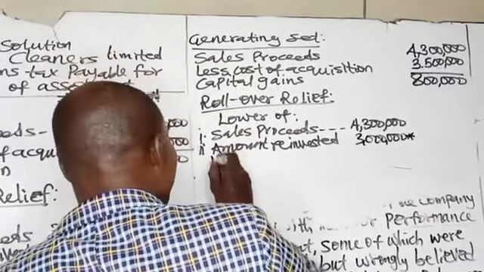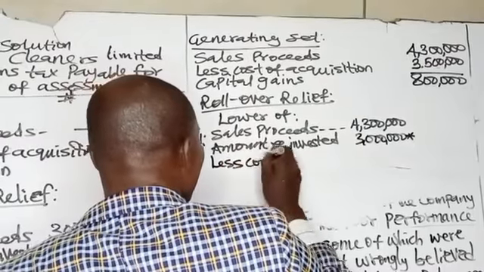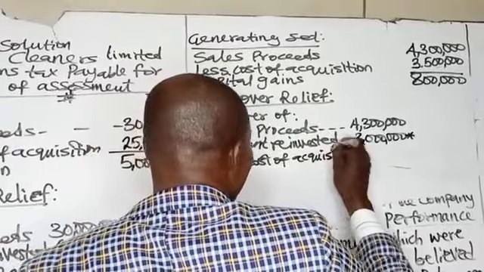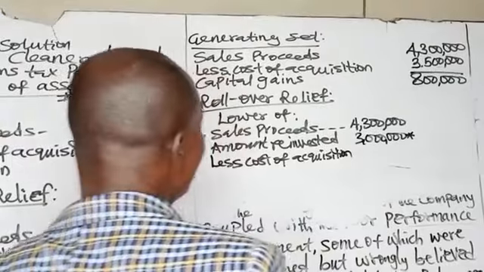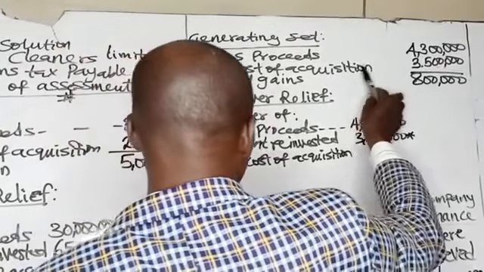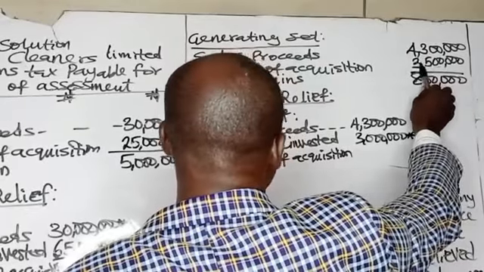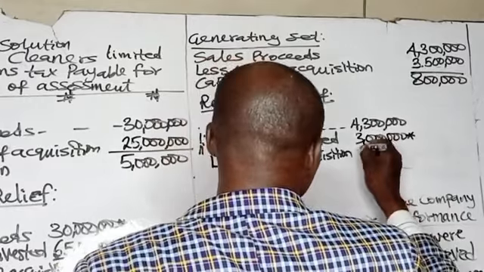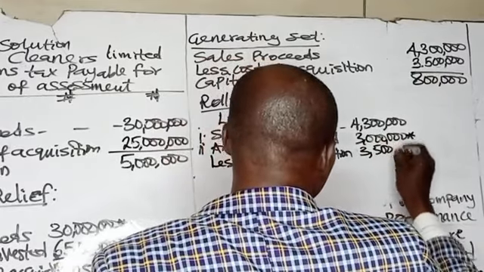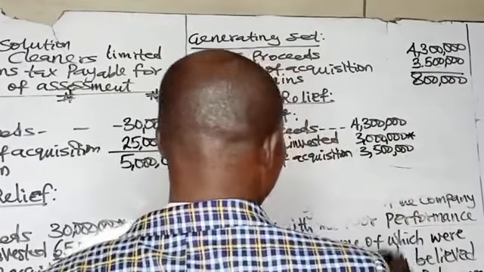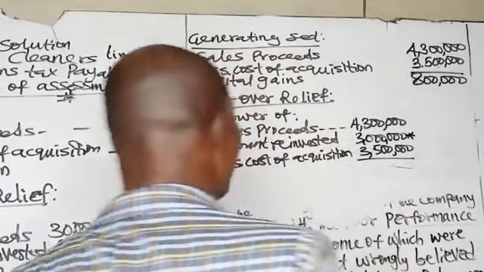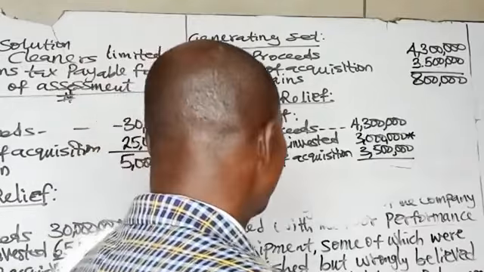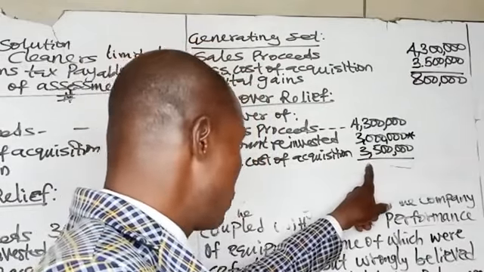So we now less cost of acquisition. At the time of acquisition of generating set, it was acquired for 3.5 million. So in this case, the sum invested is lower than the cost of acquisition.